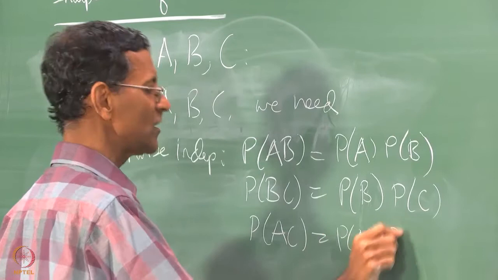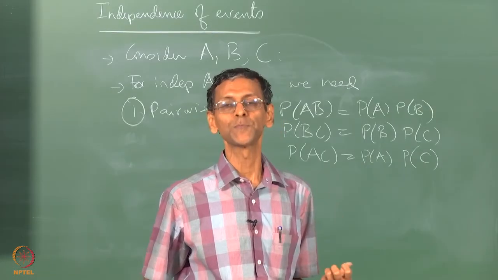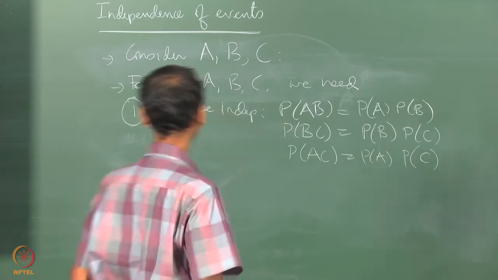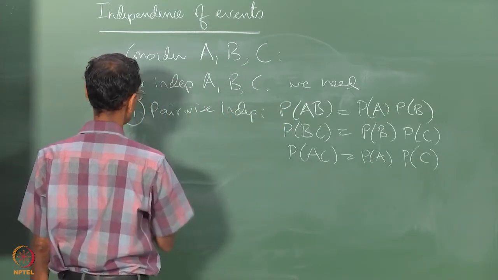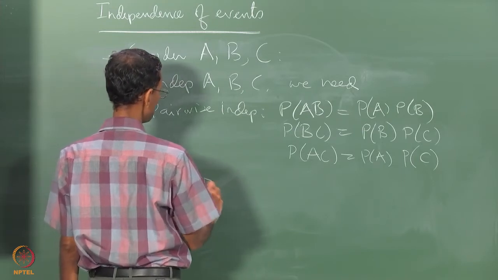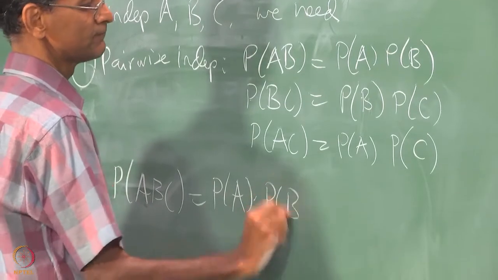And then on top of this you want one more. What is that one more thing you want? We also want P of ABC to be the product of P A, P B, P C. We need 1 and we need 2. P of ABC to be equal to P A, P B, P C.